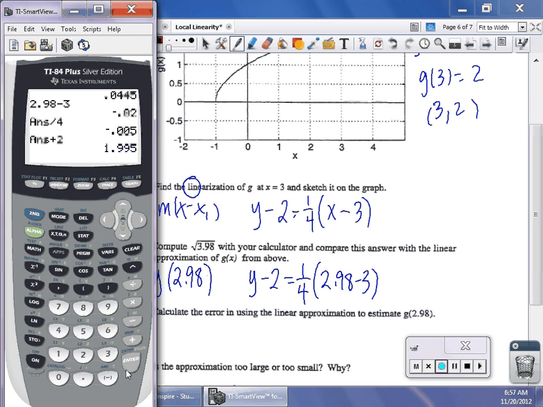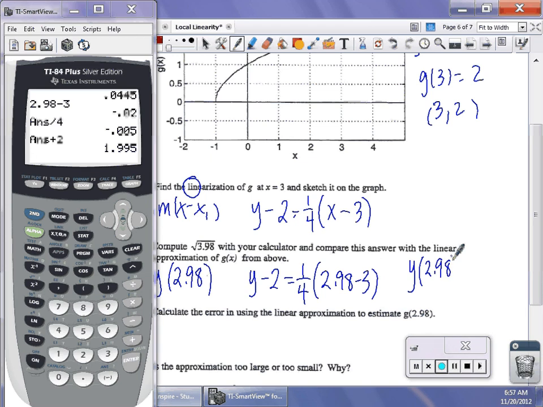So the approximation y of 2.98 is 1.995. Now all I did was substitute the 2.98 in here, and I did the calculations on my calculator, subtracted 3, divided by 4, and then added 2 to the other side. Calculate the error in using the linear approximation to estimate g of 2.98.